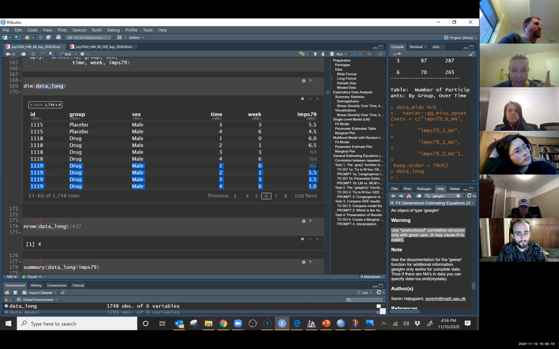Now in the data set you were using, data long in homework 8, these lines that had missing outcomes were just out of the data set. So I had to go in and recreate the data set, and I just did this in the last couple hours, to leave those empty observations in the data set so that everybody has all 4 lines, whether or not they had the outcome measured or not.